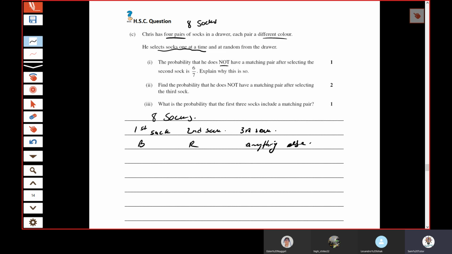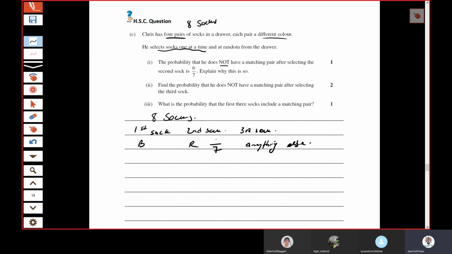Okay, so first sock is blue, so that would have been 1 out of 8. How many socks are left? There are 7 socks left, and there's only 1 blue sock left.